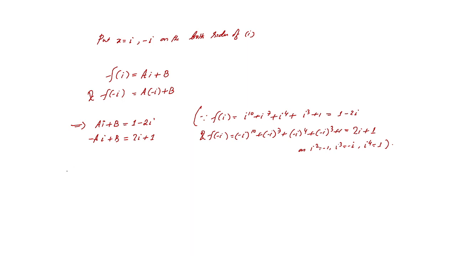If you solve this, you just add and subtract, and you will get the value of a equals minus 2 and b equals 1. So thus the remainder is ax plus b, minus 2x plus 1. This is our answer.